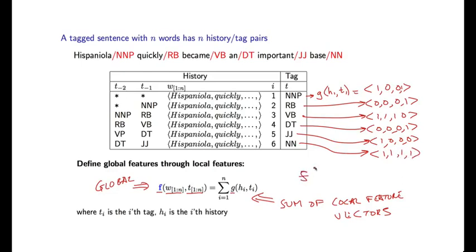Then f, for this particular word sequence, paired with this particular tag sequence, would be the sum of these feature vectors.